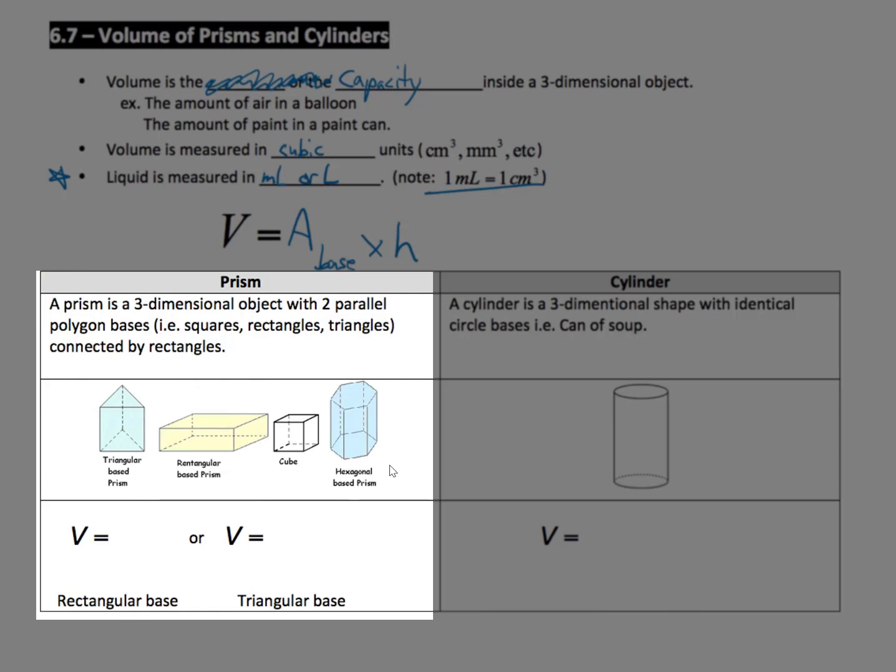The volume of this, though, you may not have seen. You might have seen this in grade 8: length times width times height. My L is a cursive L, just so we don't get confused and it's a bit easier to see.